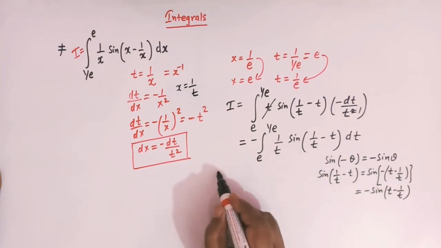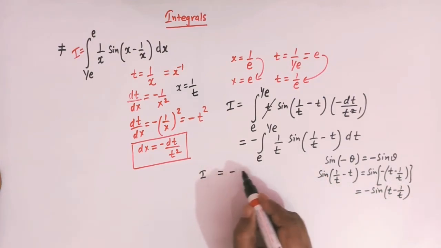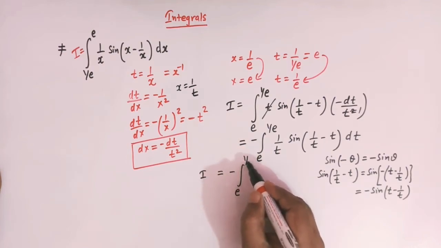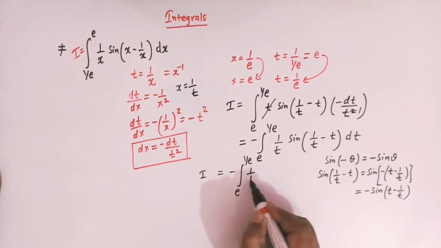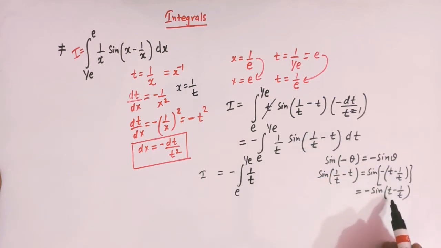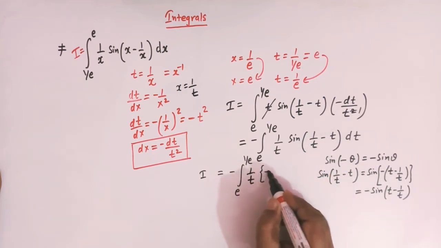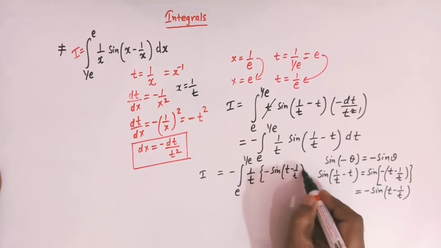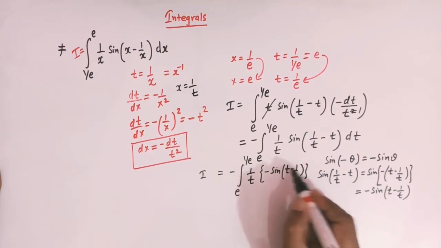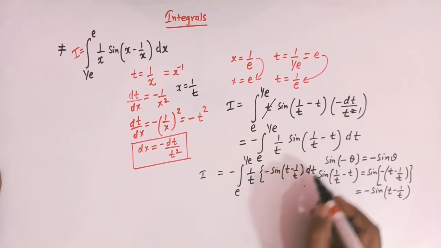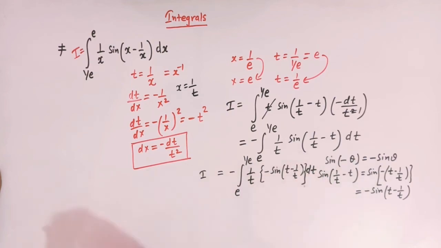So now this integral I reduces to minus the integral from e to 1 over e of 1 over t times minus sine (t minus 1 over t) dt.